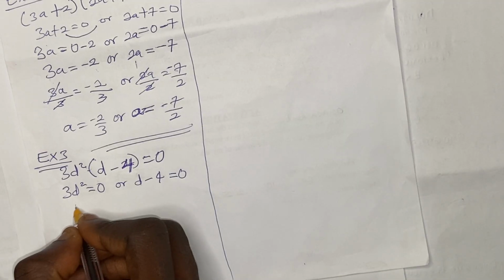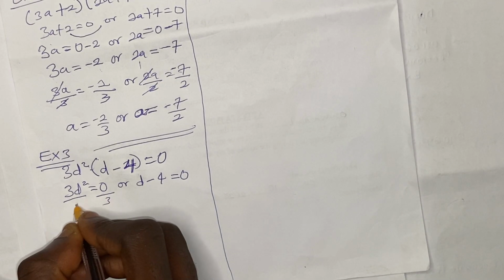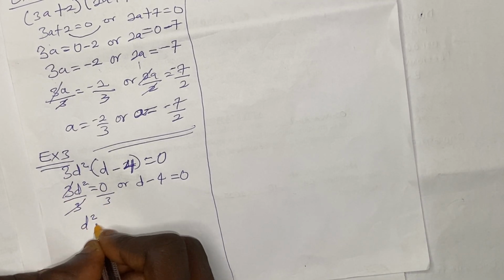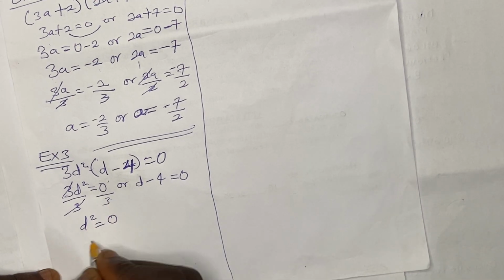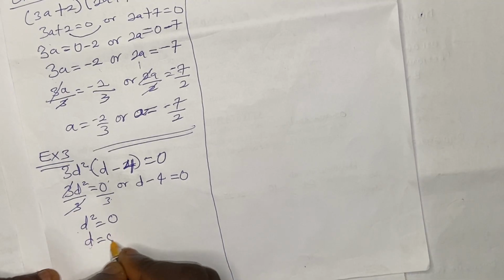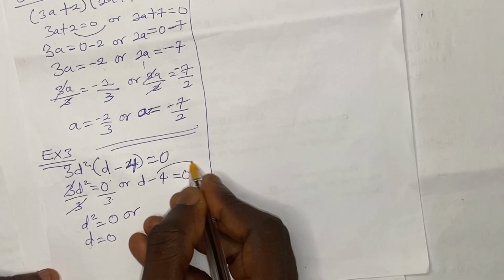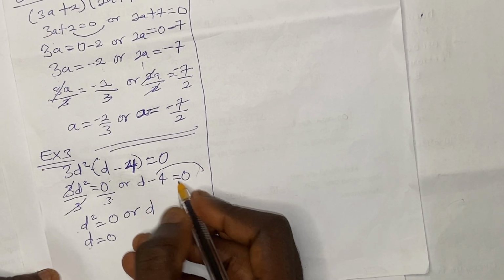You are just going to divide both sides by 3 here. 3 cancels 3. d squared equal to what? 0 divided by 3 is 0. If you take the square root of both sides here, that means d is equal to 0. Or if you take this one here, d minus 4 will go to the other side and become plus 4.